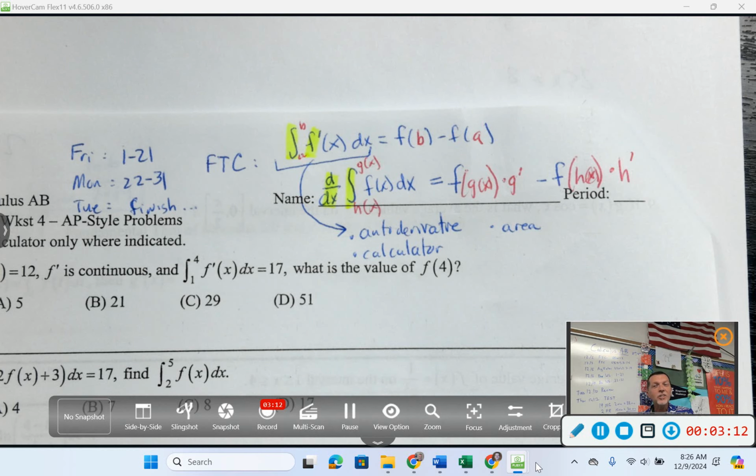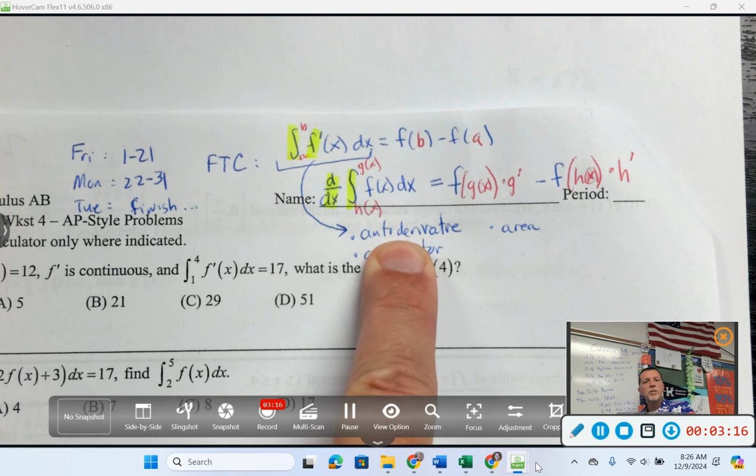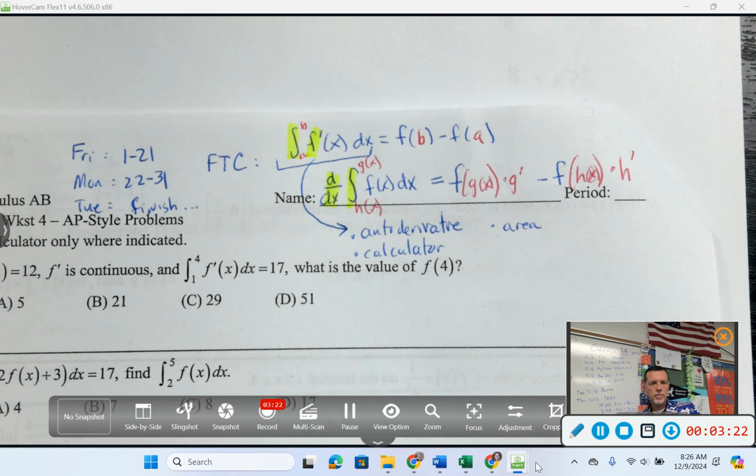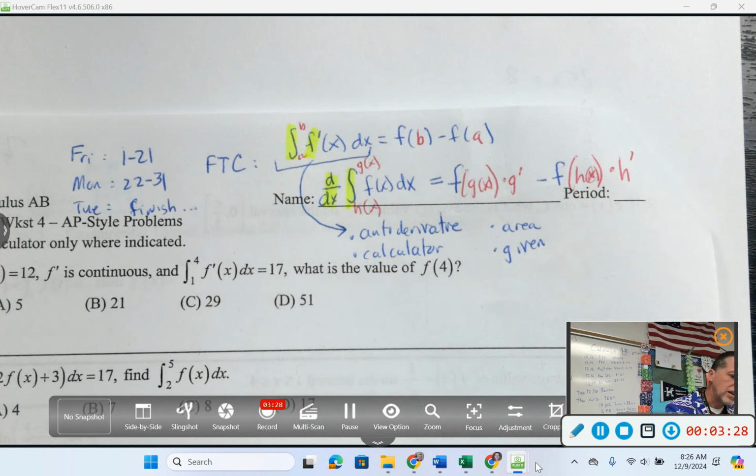The test is all no calculator, so obviously you won't have to do the calculator one. But some questions are antiderivative questions, some questions are area questions, and some, I guess, are just given. Like, let's do number 1.